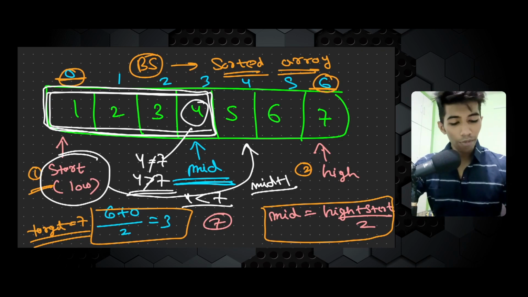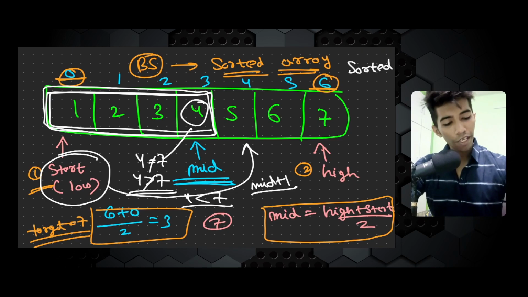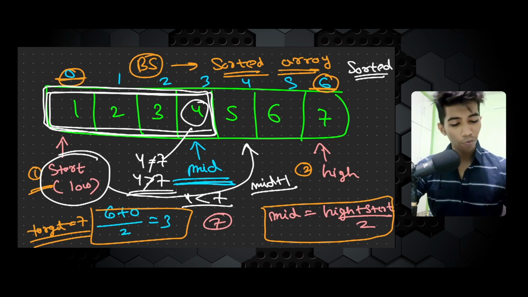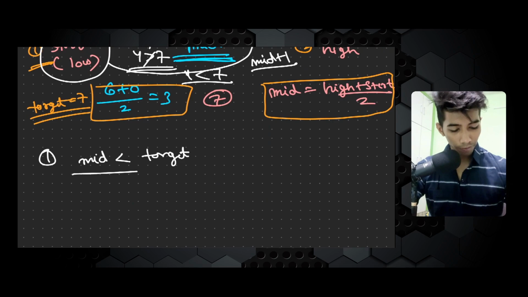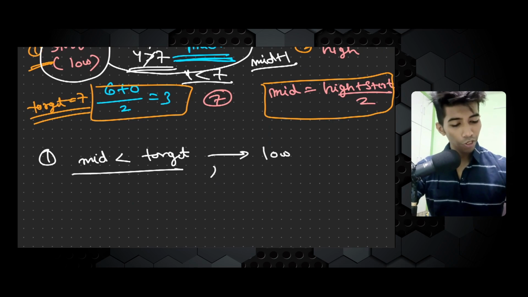This is very common. If this array is sorted, and if my mid value is lesser than the target, remember this line: then you have to just change your low pointer to mid plus 1.